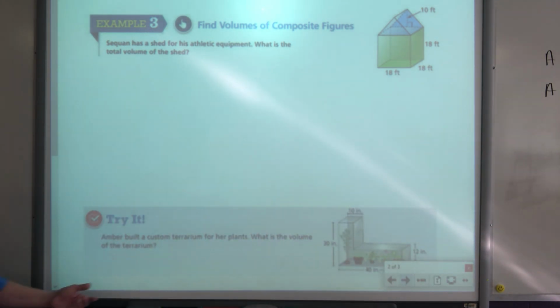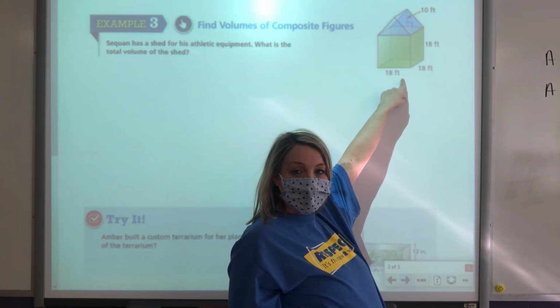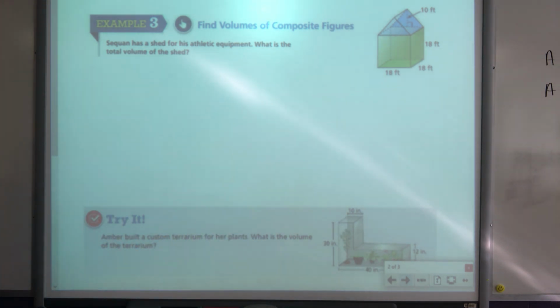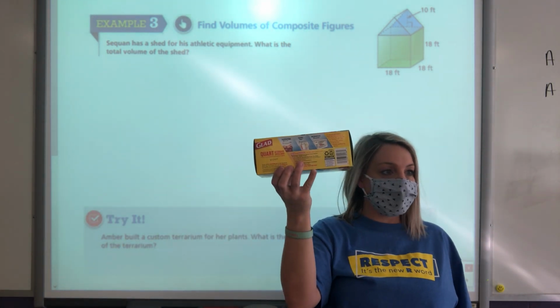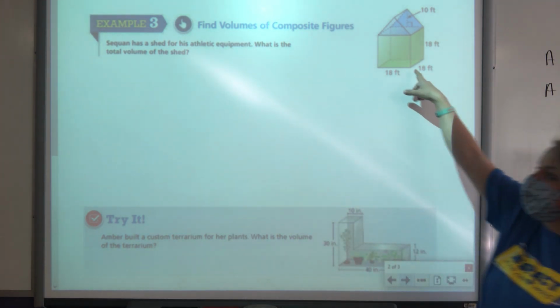What is this then? It's a cube. Why is it a cube and not a rectangular solid? Very good. So our cube has equal sides. Our rectangular solid is more elongated. So we see a triangular prism and we see a cube.